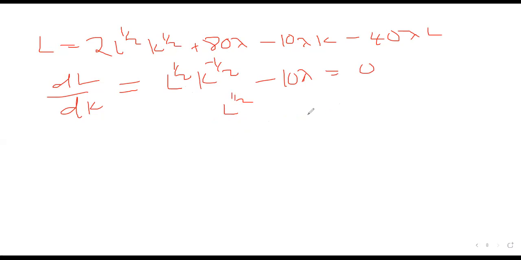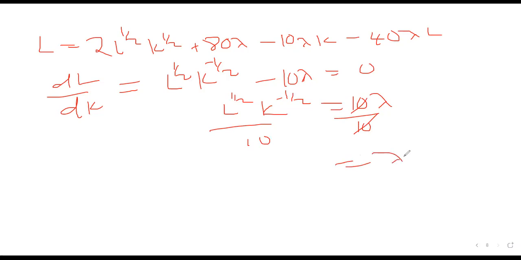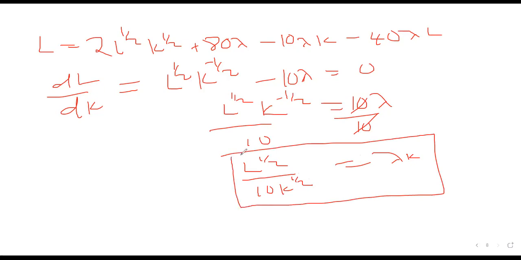For those that are not very good with math, we divide both sides by 10. So we're dealing with the lambda for K. Our lambda for this K will therefore be L half over 10 K half. So this is the lambda for K.